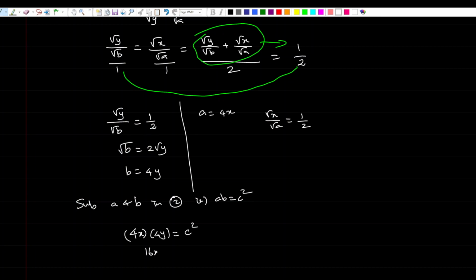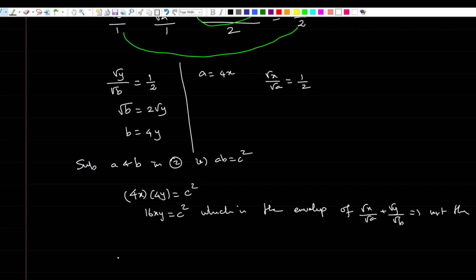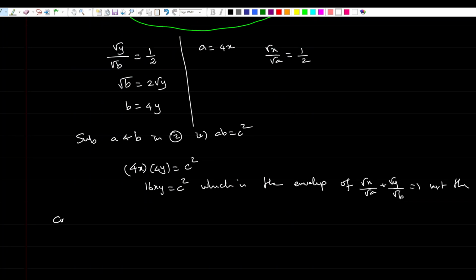Therefore, 16xy equal to c square, which is the envelope of root x by root a plus root y by root b equal to 1 with respect to the condition ab equal to c square. So this is the answer.